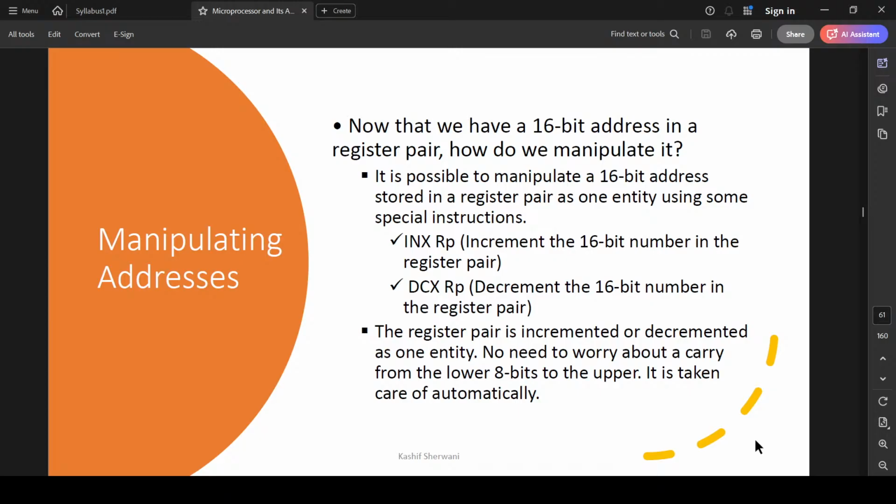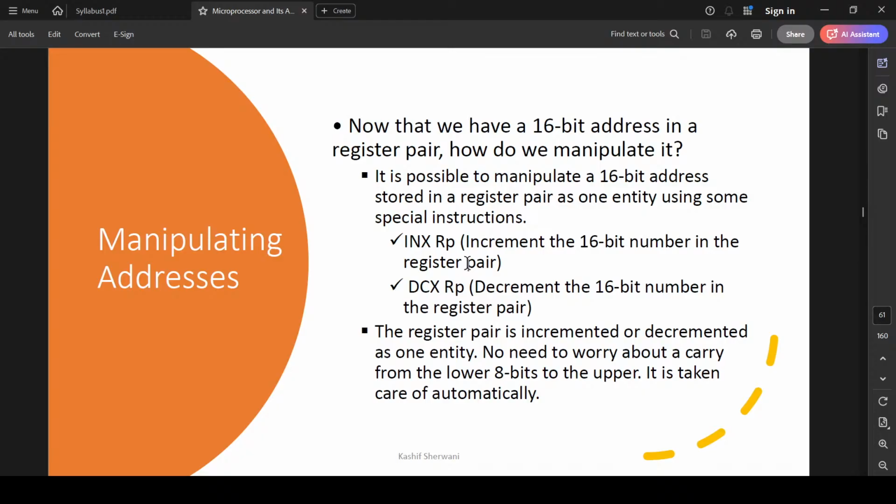Manipulating addresses. Now that we have a 16-bit address in a register pair, how do we manipulate it? It is possible to manipulate a 16-bit address stored in a register pair as one entity using special instructions, INX: increment the 16-bit number in the register pair. What this is doing is, for example, you have a 16-bit address 4000 H. And now there is another 16-bit number.